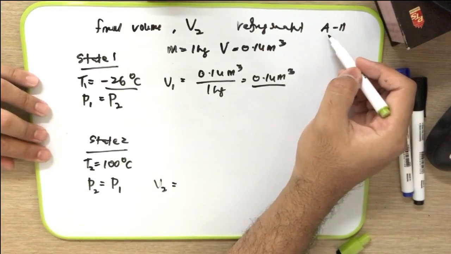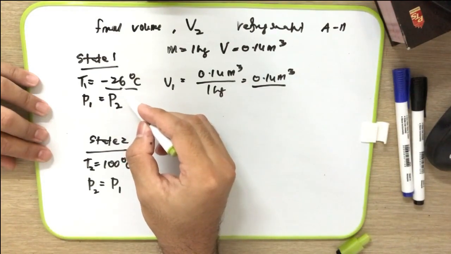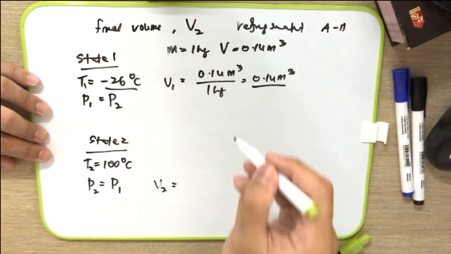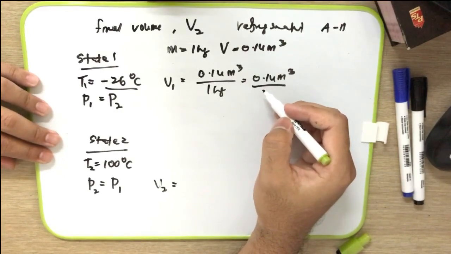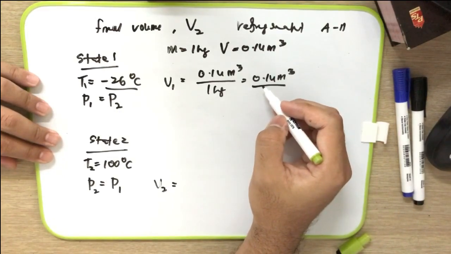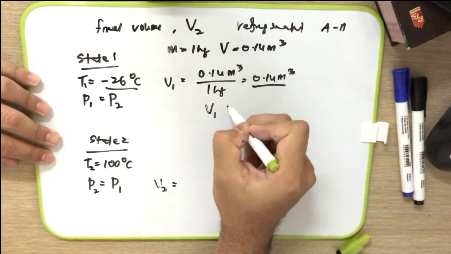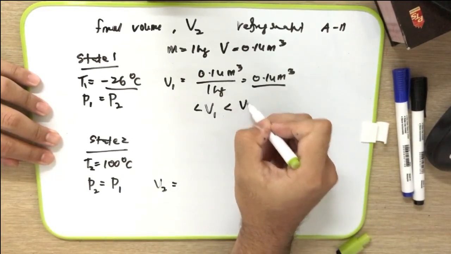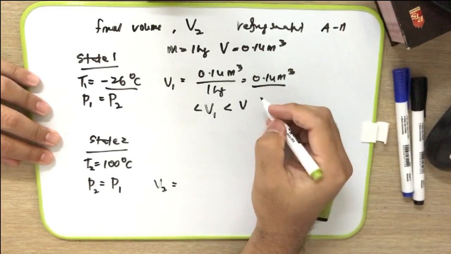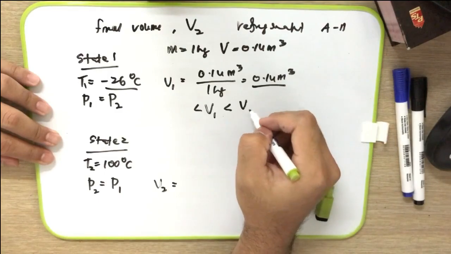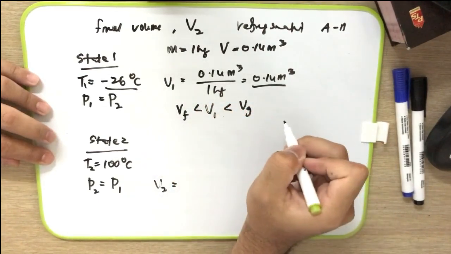At table A11, we look at temperature -26 and we check whether this V is between VF and VG or not. When we check, we find V1 is between VF and VG.